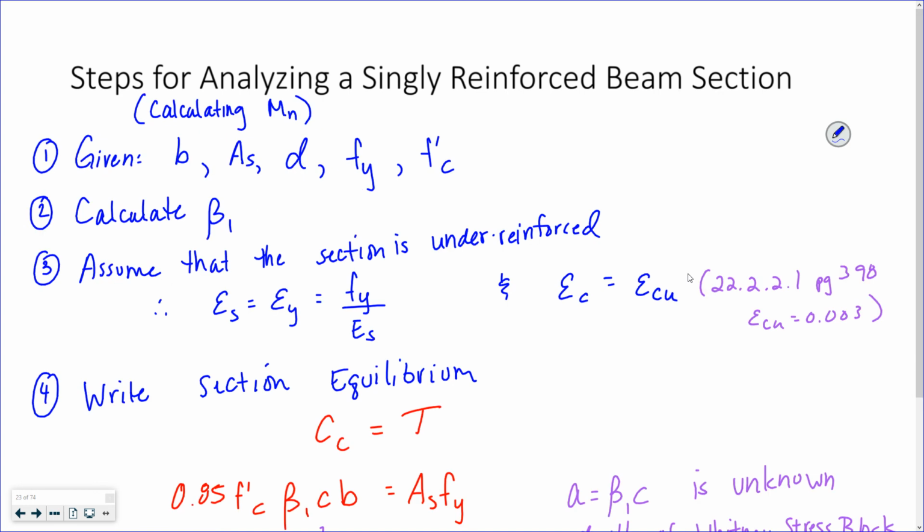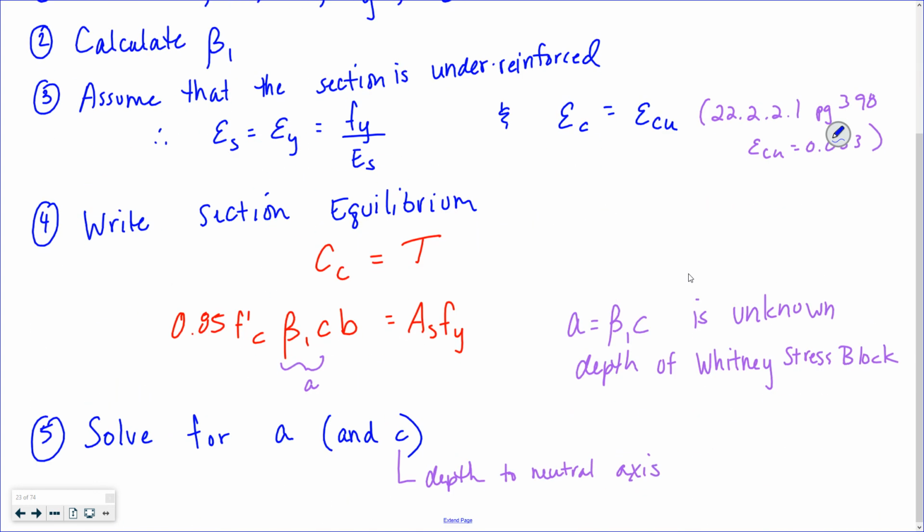That means this equation that I used right here, where I calculated my tensile force in my steel, AS times FY, now it's AS times FS. So I'm actually going to have to go back, recalculate what that is, probably do some iterations to calculate the neutral axis and the actual stress in the steel.